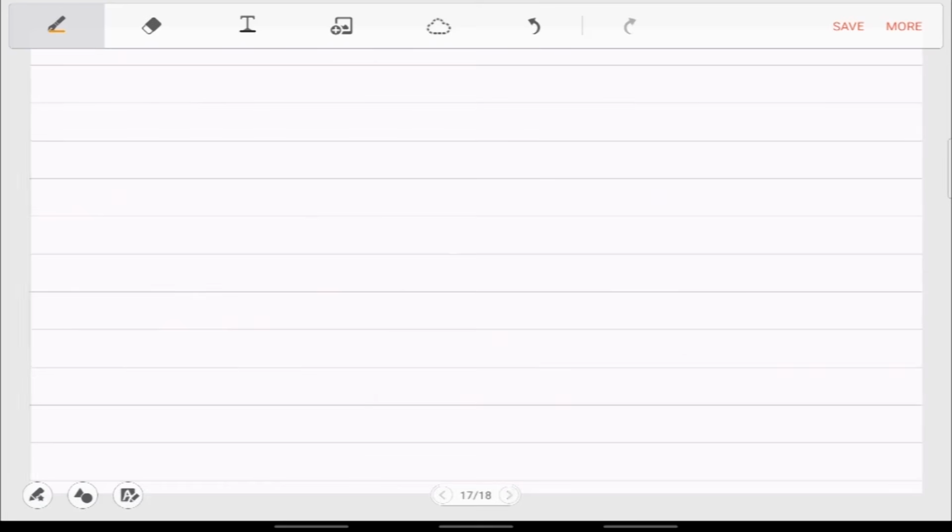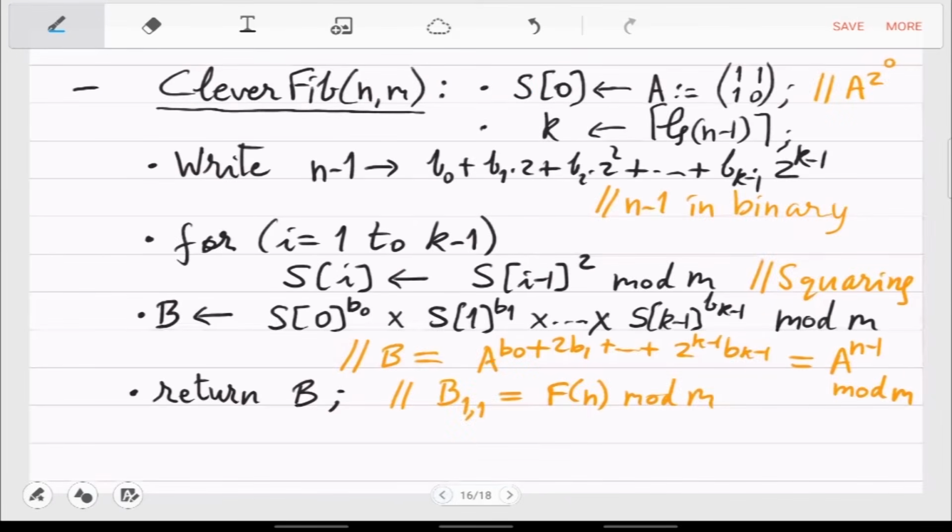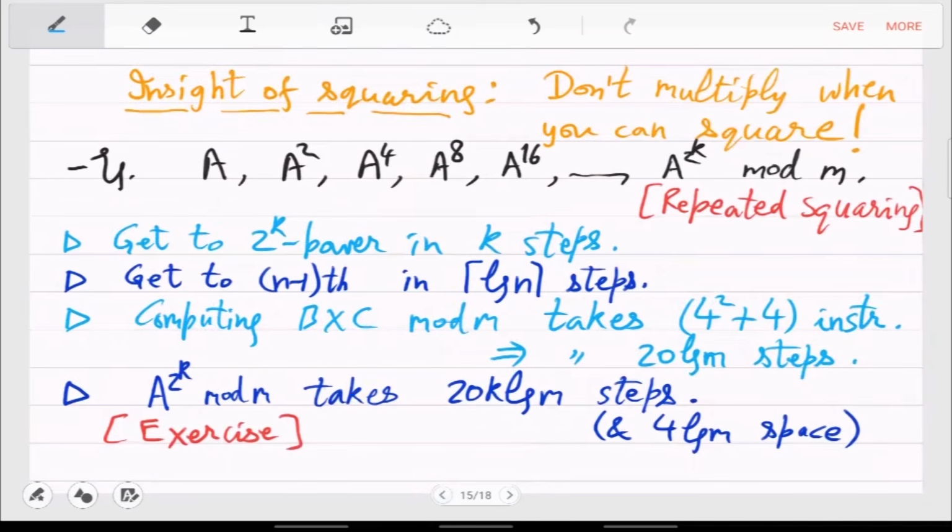So let's first make the time complexity statement. Clever fib takes only, let's put a guess here, 20k log m, which was the number of steps or time for calculating this last power.